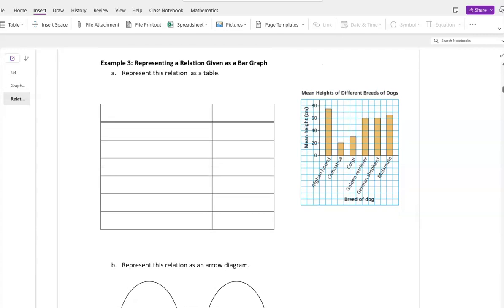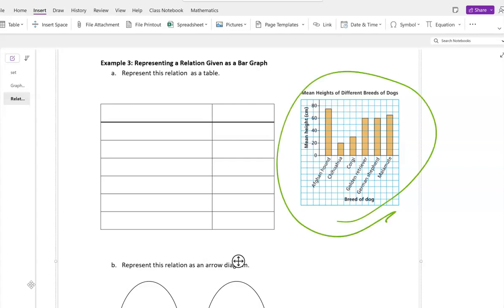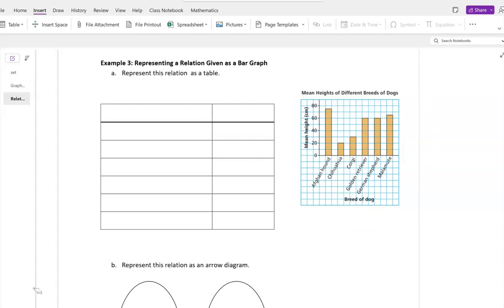Okay, next, representing a relation given as a bar graph. So here we're given this graph and we have to represent them in different ways. Okay, so let's call this the breed of dog, and then this will be their height. Okay, and the height's in centimeters.